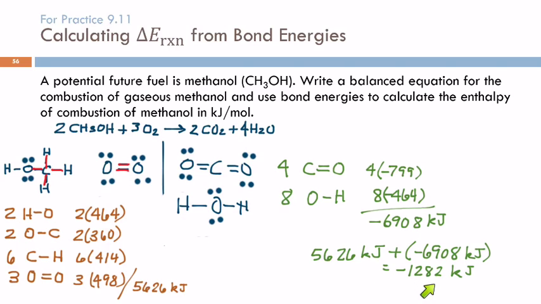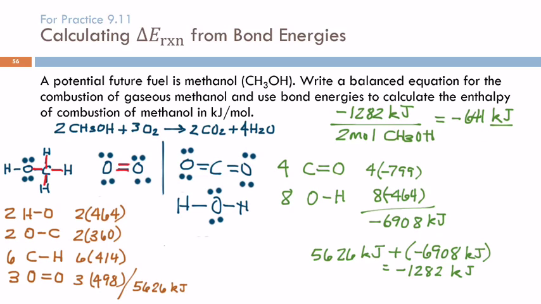You get minus 1282 kilojoules for 2 moles of methanol, because that's what's in the equation. If you burn 1 mole of methanol, you get half as much energy. So we need to take the 1282 and divide by 2. So that's negative 641 kilojoules per mole.